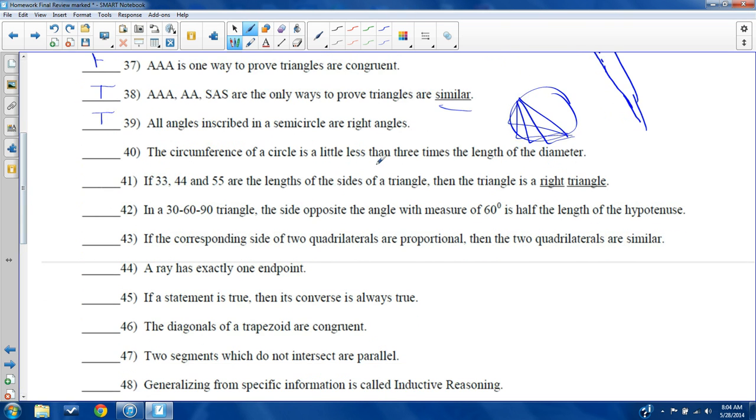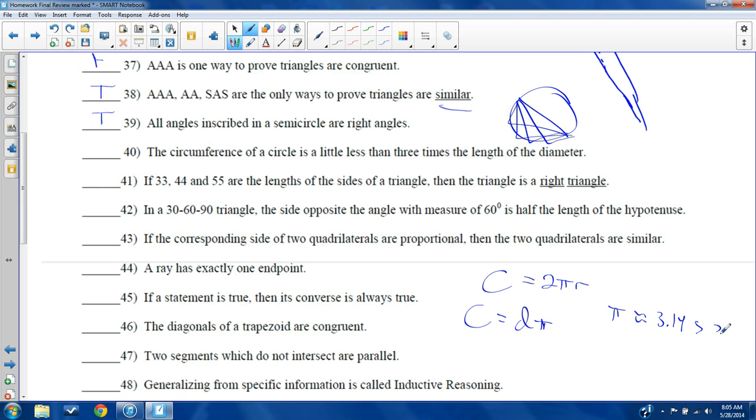The circumference of a circle is a little less than 3 times the length of a diameter. What? No, it's a little more than 3 times the diameter. If you think of pi, because circumference is 2 pi r, or diameter times pi, which is really the one I want to look at. Pi is about 3.14. Now, it doesn't matter what it is.